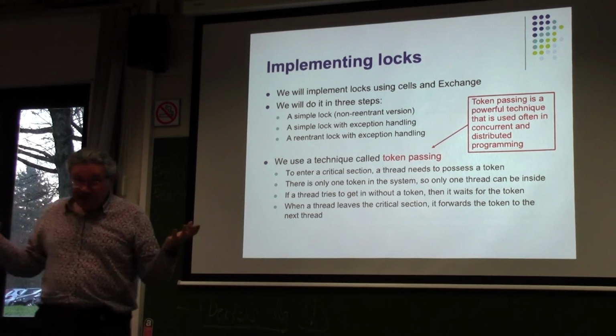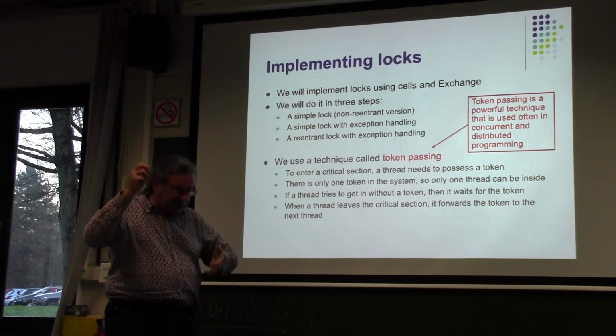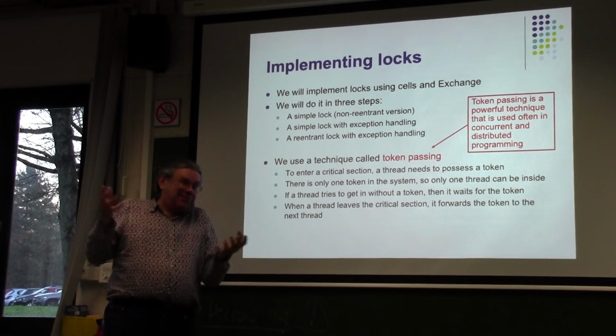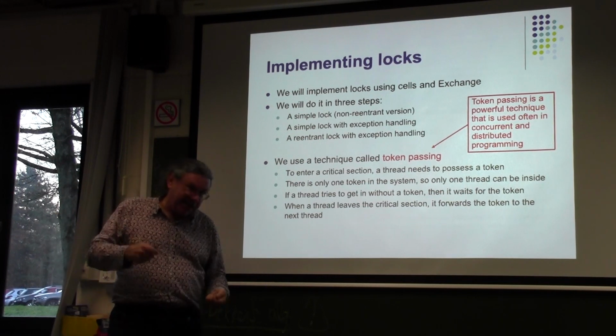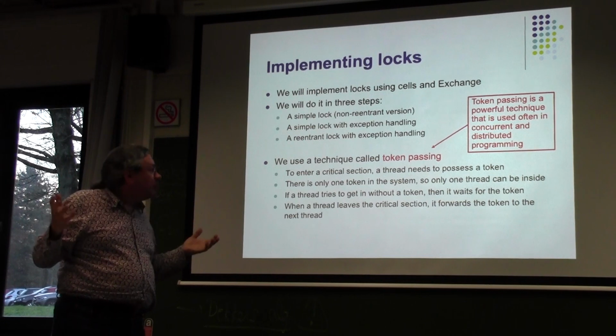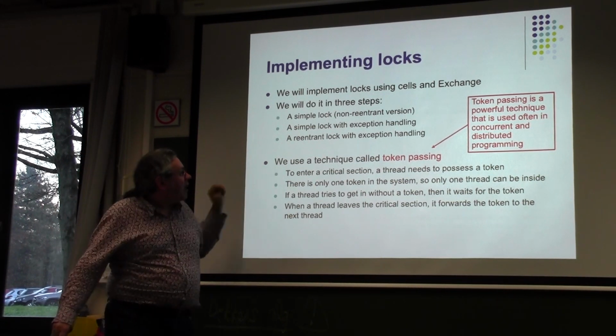So how do you implement the lock? I have many threads trying to get in. And how does that work? How does a thread go in? And once a thread is in, the others don't go in. And they have to wait. How do we implement that? Well, the technique is called token passing.